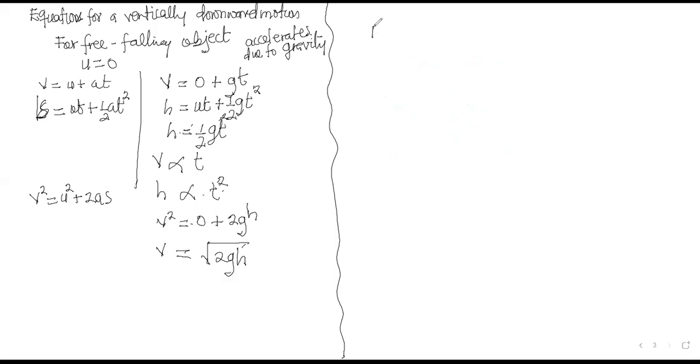For a free falling body, u is equal to 0. Then the first equation becomes v is equal to 0 plus gt, which is equal to gt.